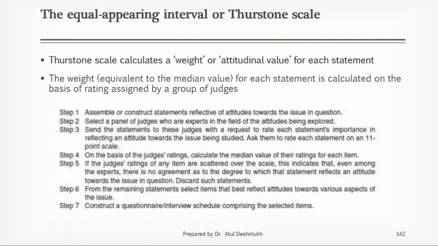If it is concentrated in a particular zone, any zone you take, positive, negative, or neutral, they may not give the same marks, but almost similar marks, like 7, 8, 9. If you take a median value, 8 is the median value of 7, 8, 9. So there is hardly a difference of plus 1 and minus 1. These kinds of statements you can keep.